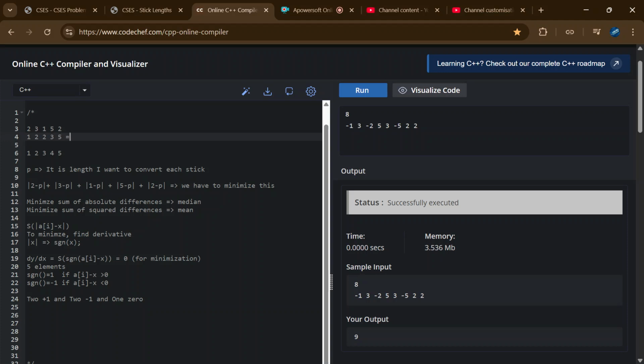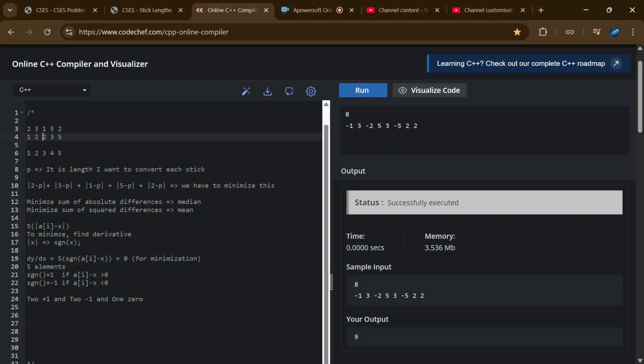So there is a problem, because we want our derivative to be 0 for minimization. Why is it positive 1? Suppose you are at 2 right now, we have one extra positive, two positive ones and one negative one. There is an imbalance.